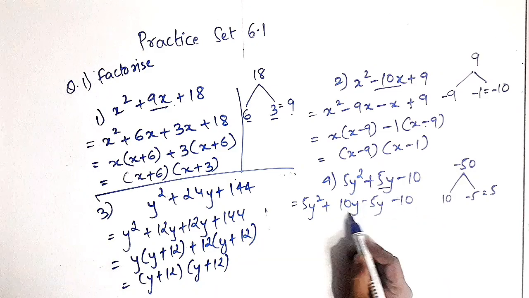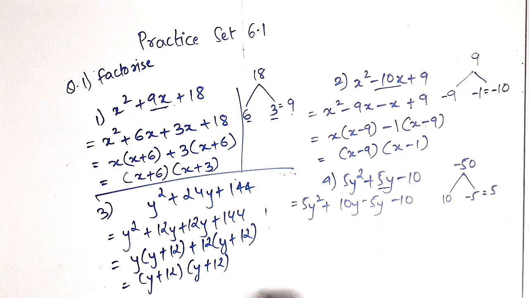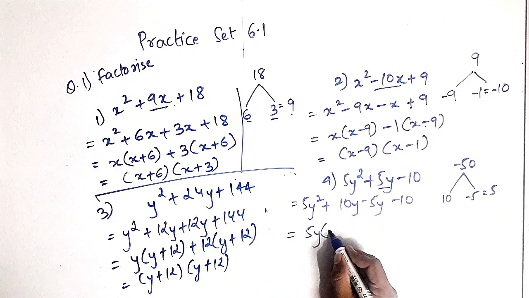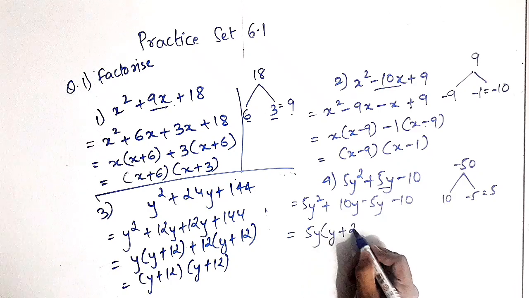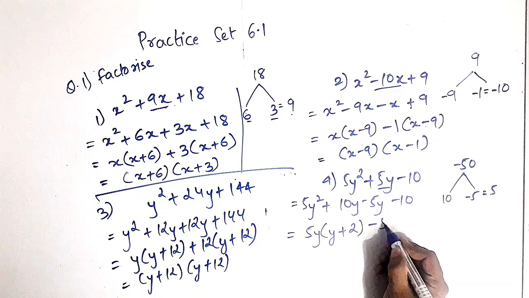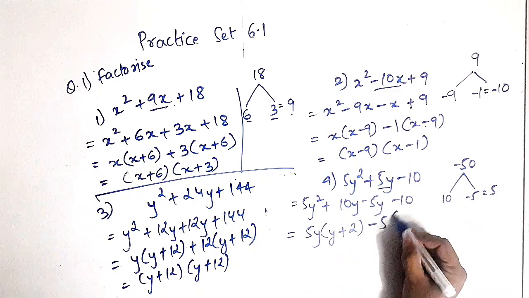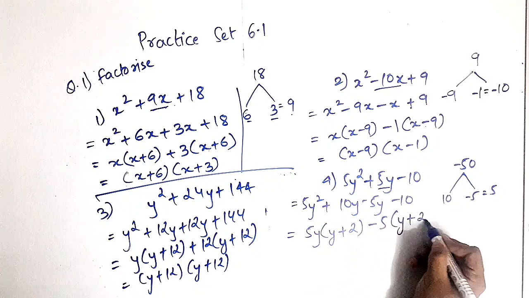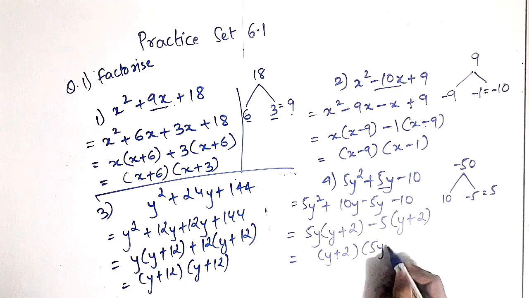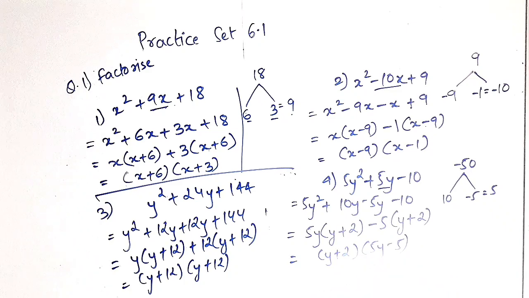So 5y we have written, 10y minus 5y. Now what is common here? 5y is common. What remains? Y plus 2 remains. Minus 5 is common, so what remains? Y plus 2 remains. Again, y plus 2 is common, so what remains? 5y minus 5 remains.